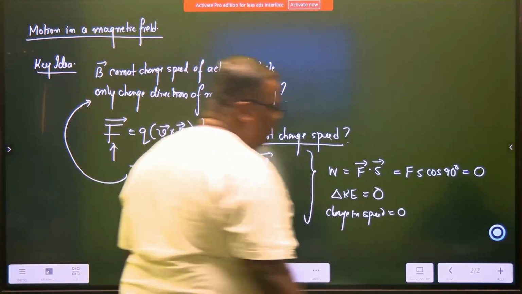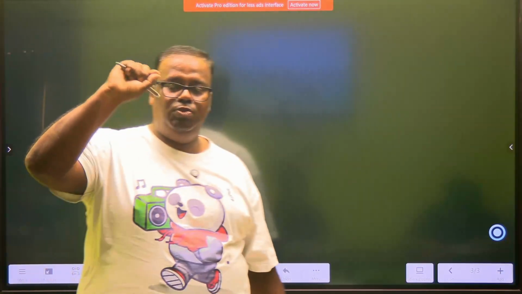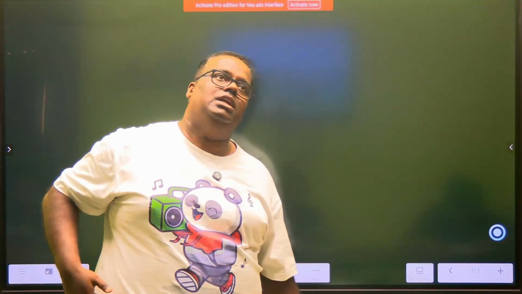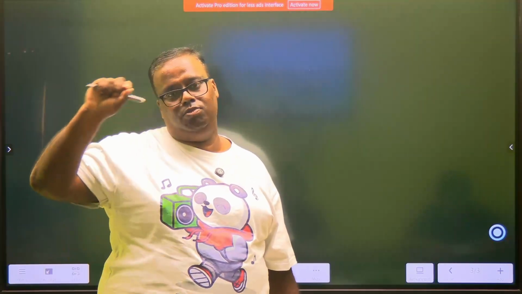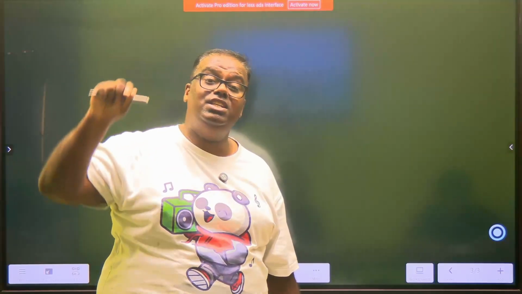So let's see now to understand. When a charged particle is moving in a magnetic field, what is the understanding we have? That when a charged particle moves in a magnetic field, there is a magnetic force. The magnetic force is only going to change the direction of the motion, but it will not create any change in speed.